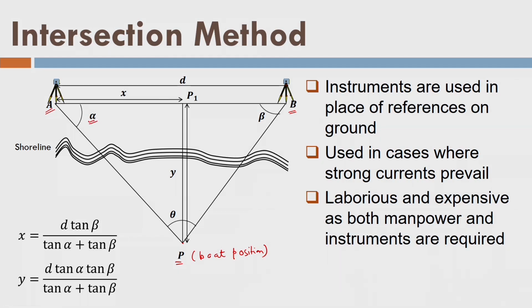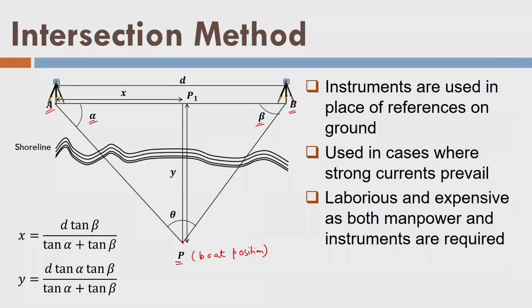I will measure this angle alpha and angle beta for the current position of the boat. So, there is a person in the boat who will raise the flag, and on the flag we will take the observations from position A and position B, or control point A and control point B. So, we have measured angle alpha and beta.